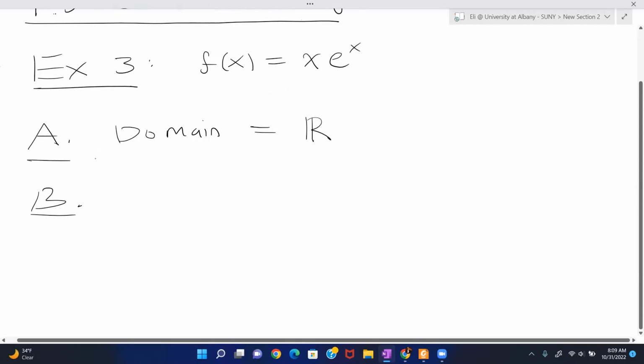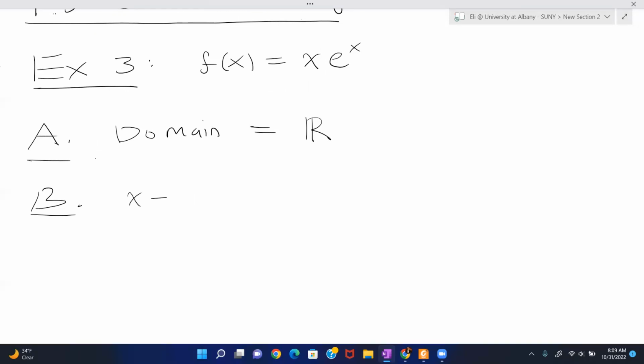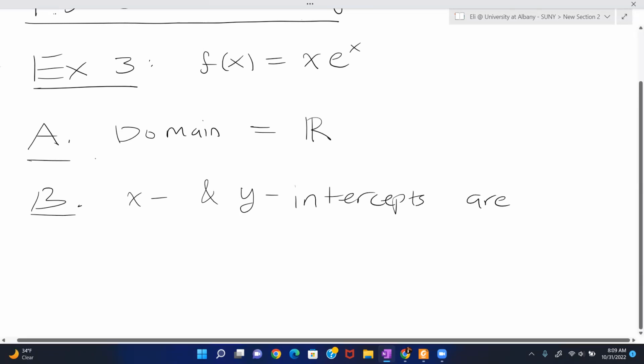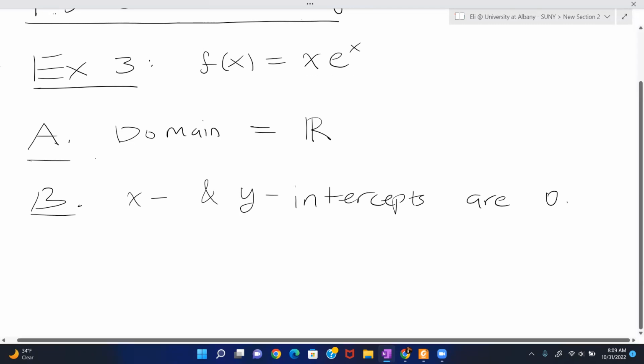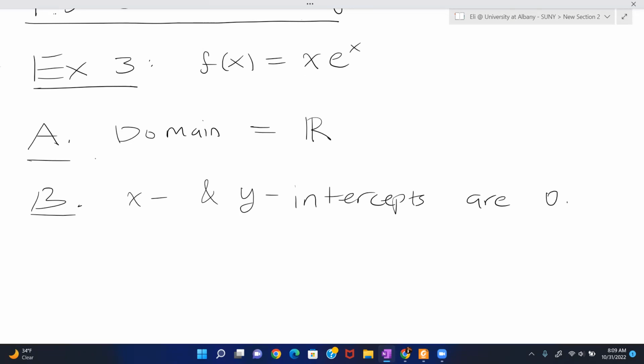Then it's pretty clear by inspection that the x and y intercepts are both 0. If you plug 0 into this function, you get 0. And if you set the function equal to 0, that forces x to be 0. So the x and y intercepts are 0.